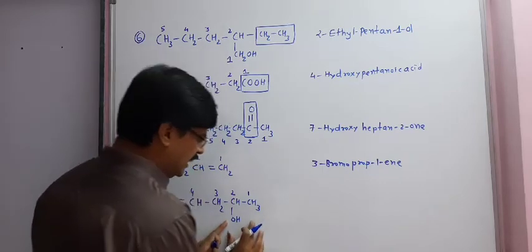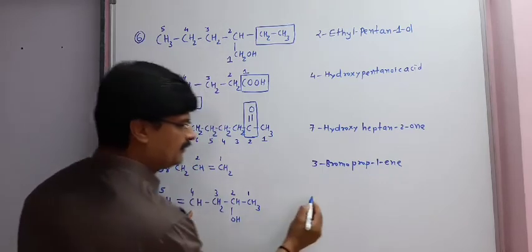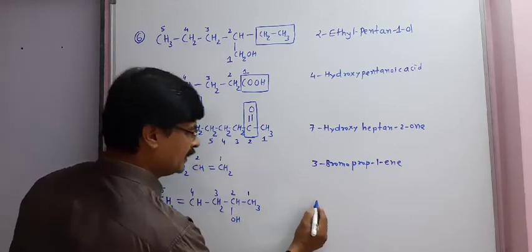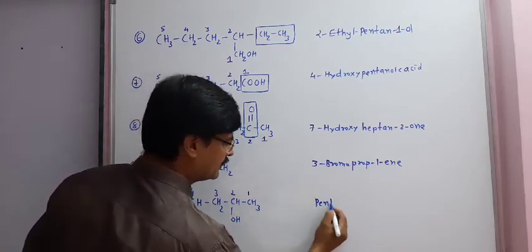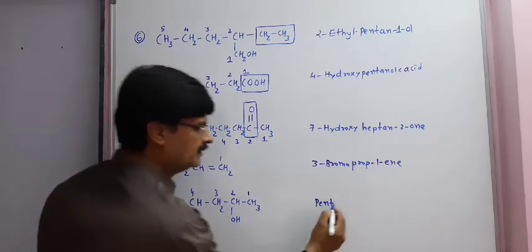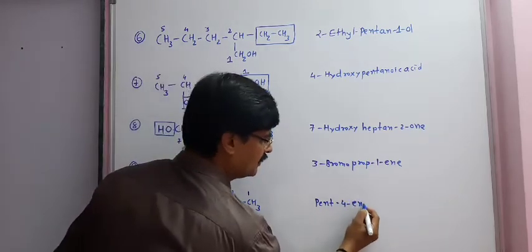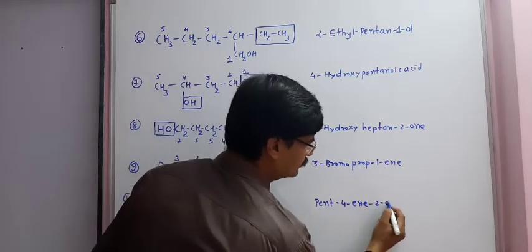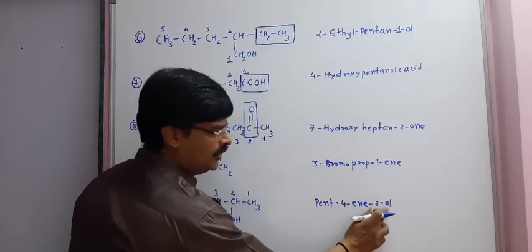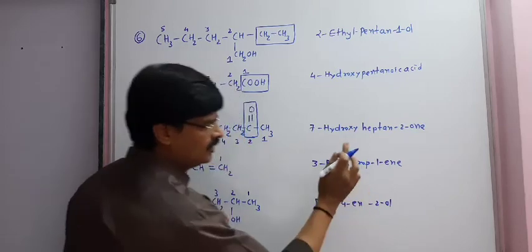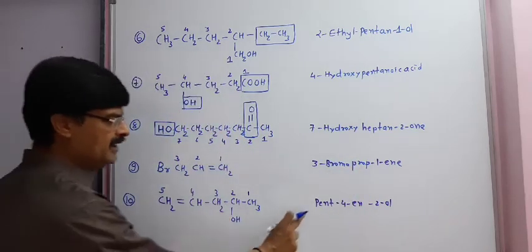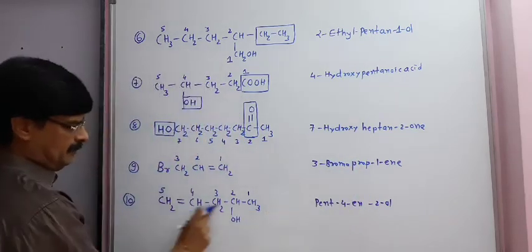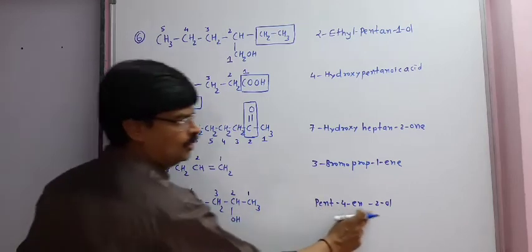So the name of this compound will be, total number of carbons are 5, that is why pent-4-ene and 2-ol. But because of the ol, this e will be removed. So the name of the compound will be pent-4-en-2-ol.